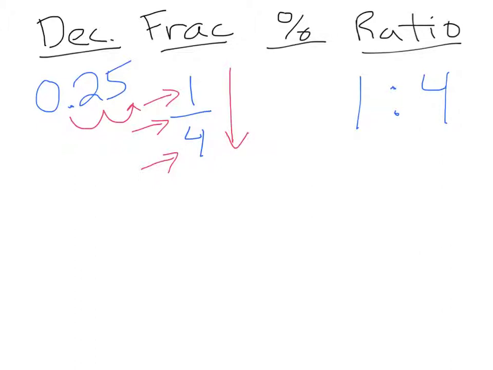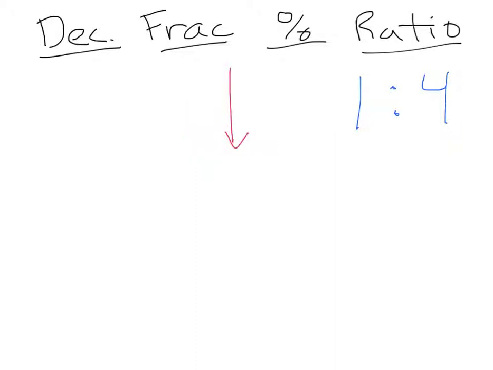So that puts our decimal right behind the 5, and that makes it 25%. So there are our answers. Our decimal is 0.25, our fraction is 1/4, our percent is 25%, and our ratio is 1 to 4. A little bit easy.